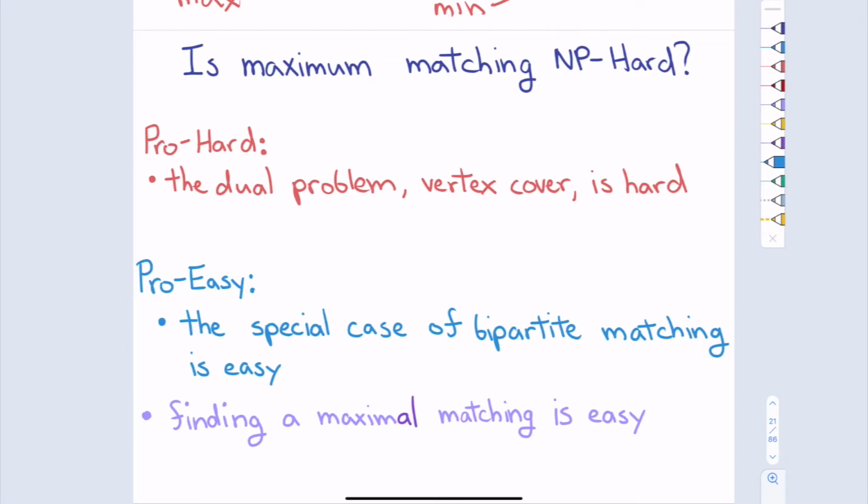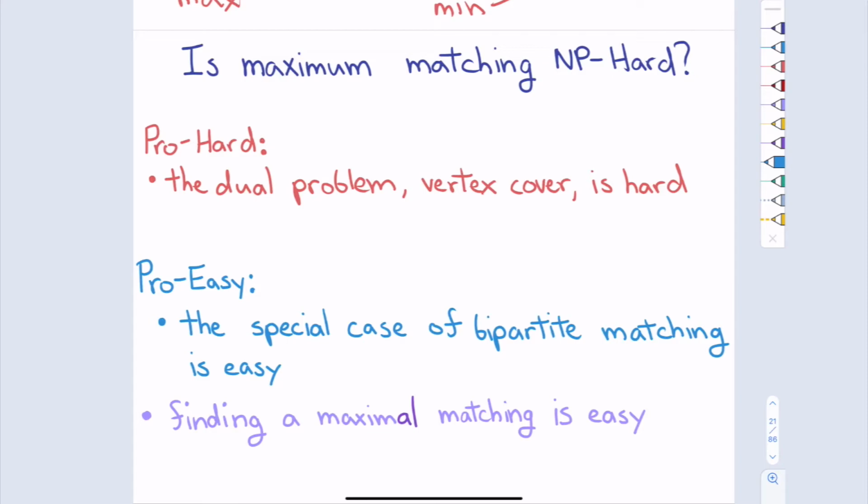Let's move on to maximum matchings. The question is whether it's hard or easy. I tried to list some arguments for why it might be hard and why it might be easy. I don't know if they're very helpful.